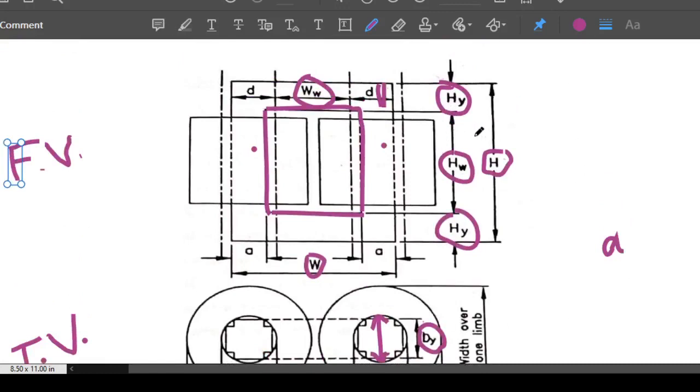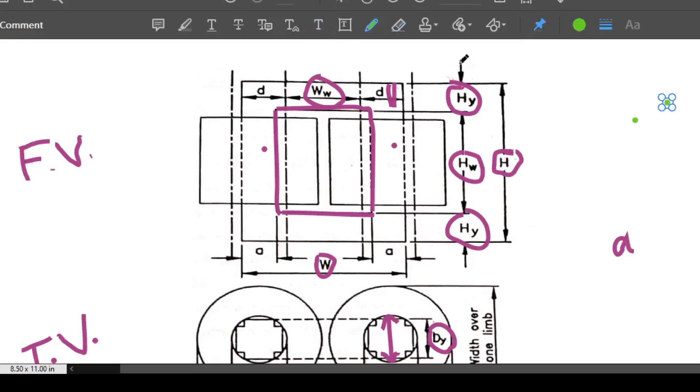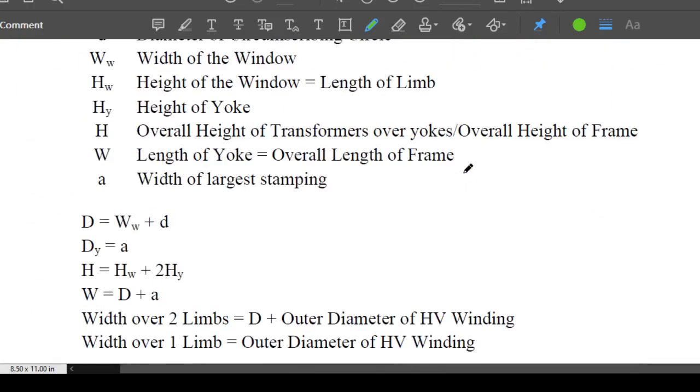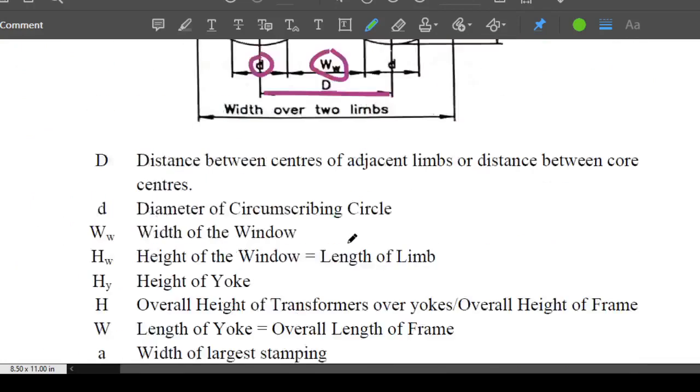Now from this you can easily find out this formula. Look at this H. From this diagram, it is clear that H is equal to HW plus HY plus HY, so H is equal to HW plus 2 times HY.